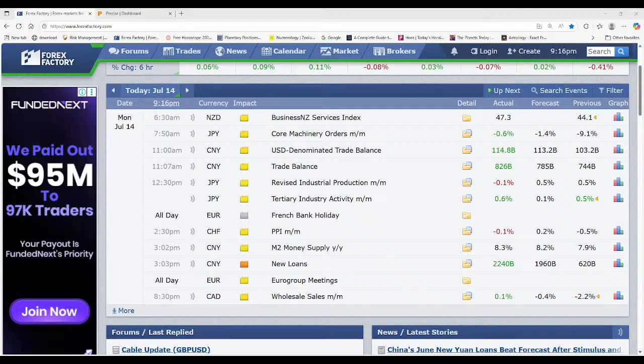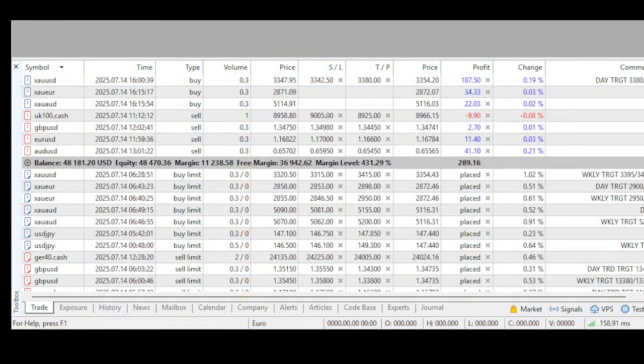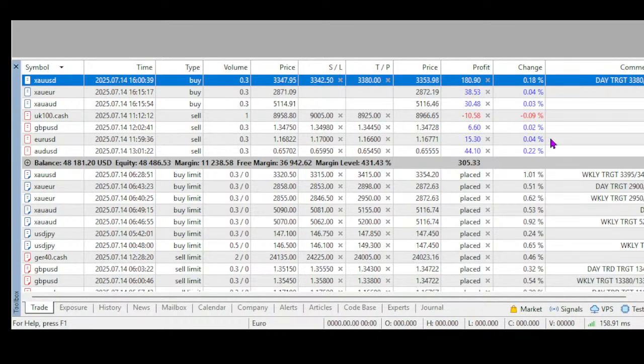So let's see our trades. Okay, we have a couple of trades open. We are long gold at 48. Early on we put in at 48, the data. Remember the day entry.